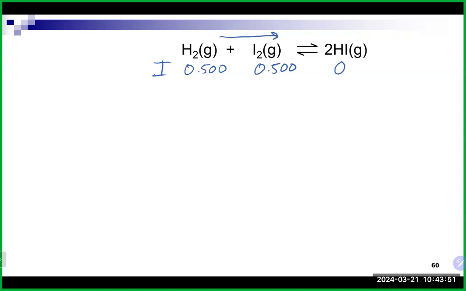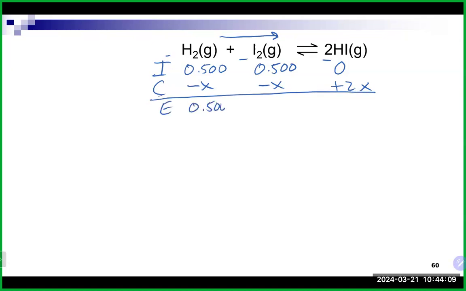That's going to give us our minuses on the left and our pluses on the right. The change part here is minus x, and a plus 2x, once again for the coefficients as well. That means when we reach our equilibrium, 0.5 minus x, 0.5 minus x, and 2x.